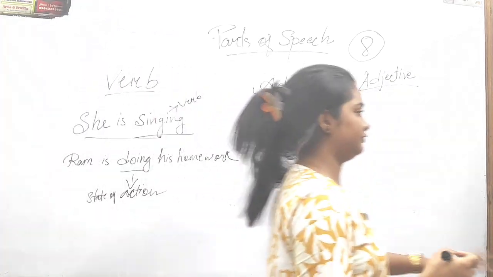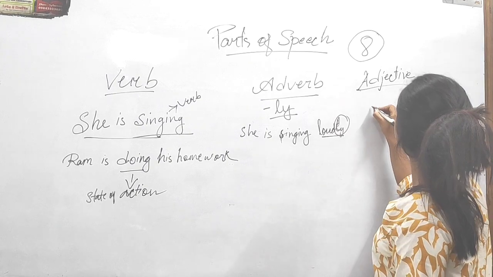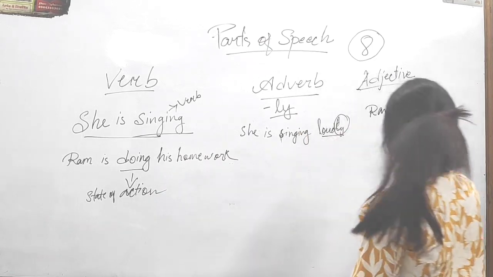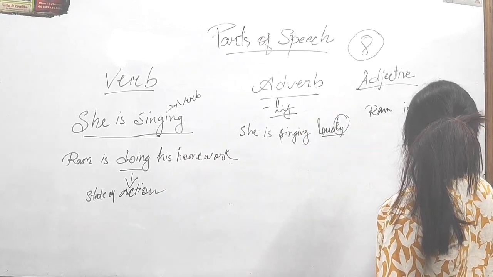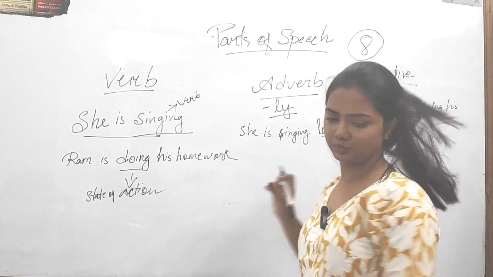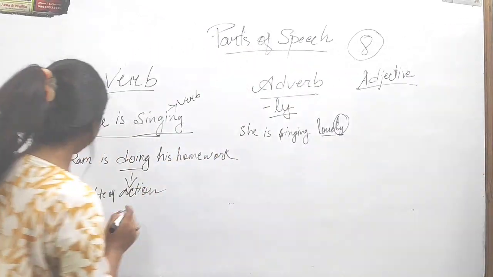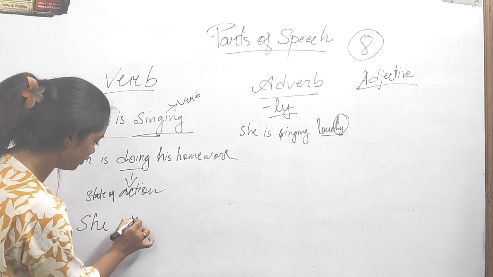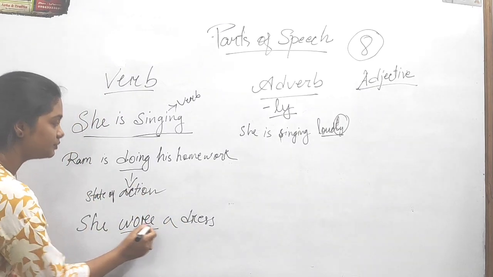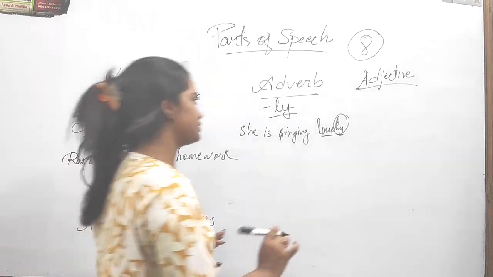And then comes your adjective. Let's take some other example. Let's start here. She wore a dress. So wore becomes your verb. Now let's see how we can add an adjective in the same sentence.